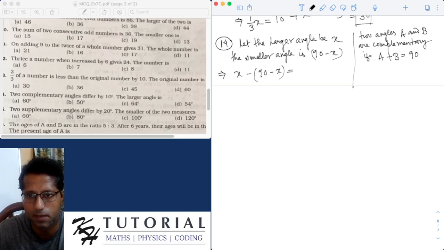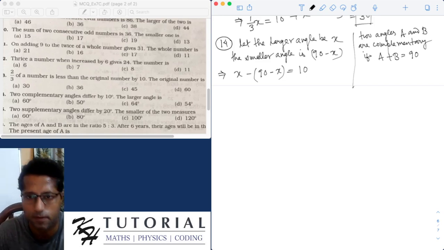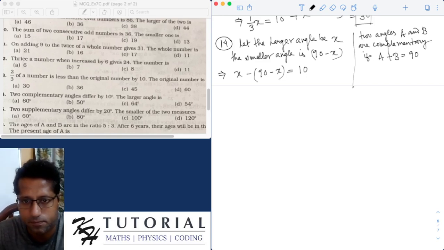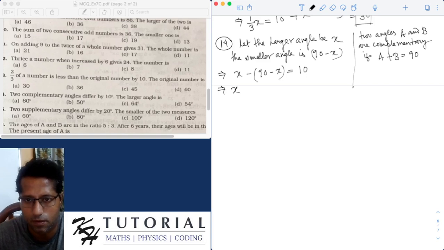This is given to be 10 degrees. So this is the linear equation we have got. We have to solve it. Now opening the bracket, since it has a negative sign in front of it, its terms will change sign. So this is x minus 90 plus x equals 10.